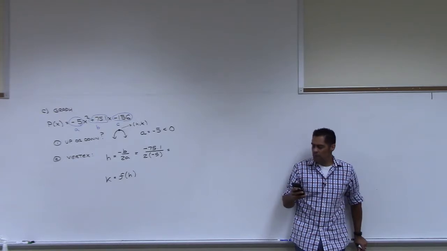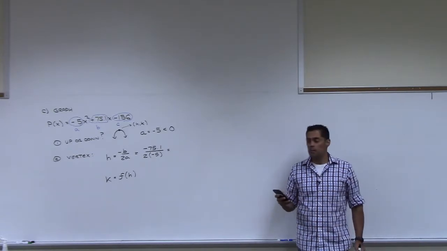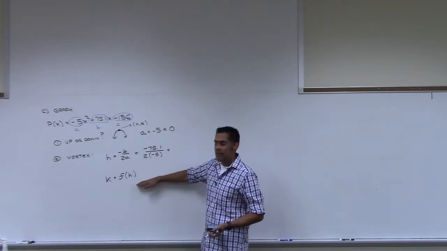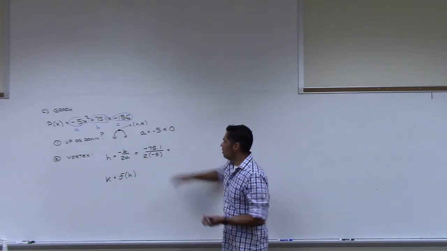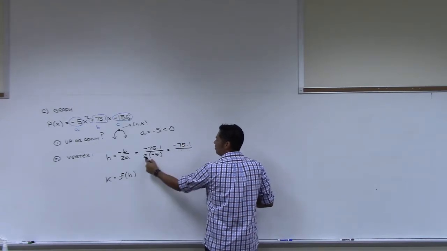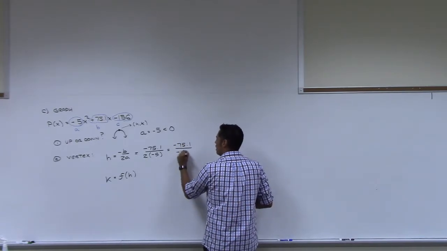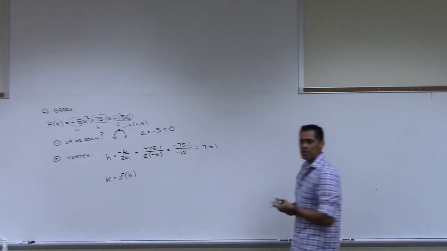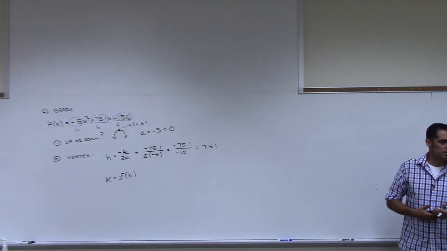If you get 7.51, does that seem right? We haven't done the K equals f of H part yet. We're just getting H. So negative 75.1 on top. You have to do 2 times negative 5. That's negative 10. Do that on your calculator, 7.51. We should get 7.51 for H.